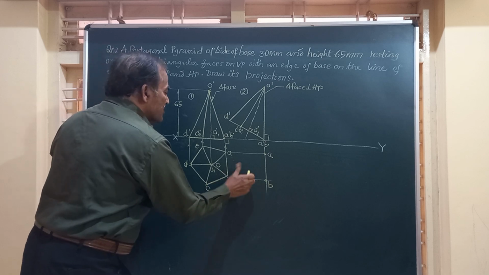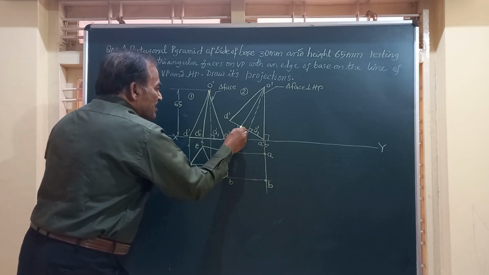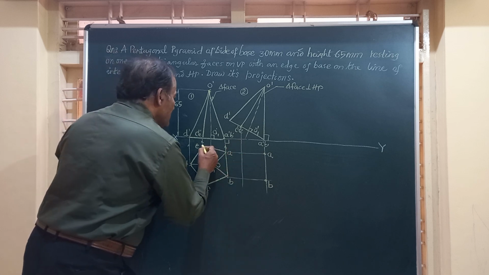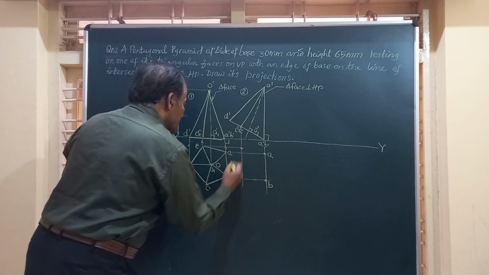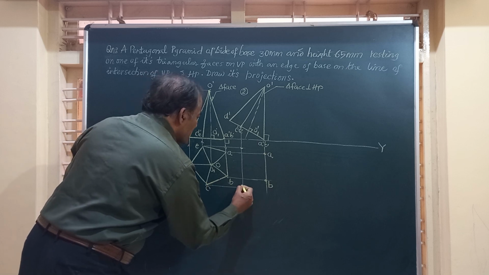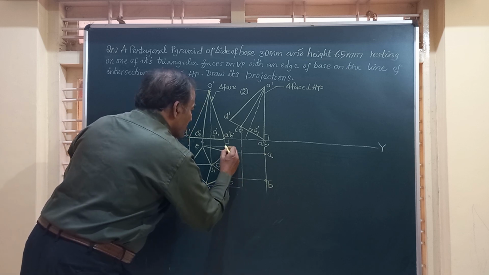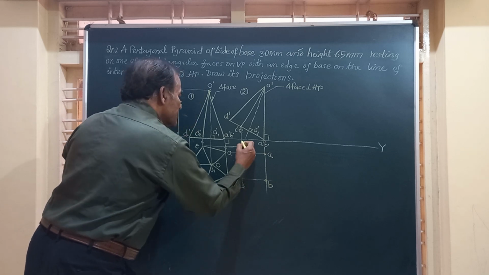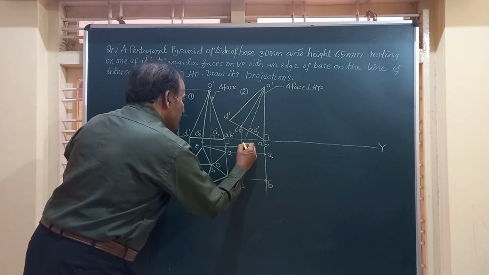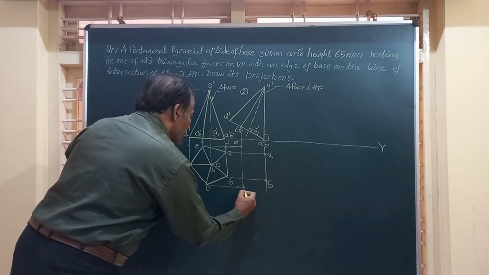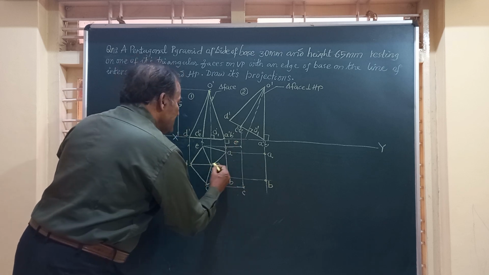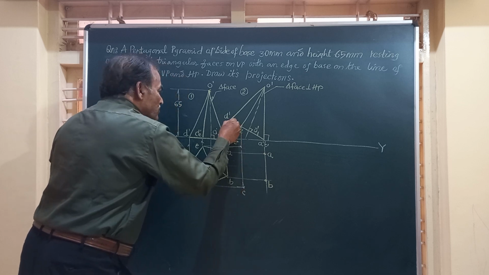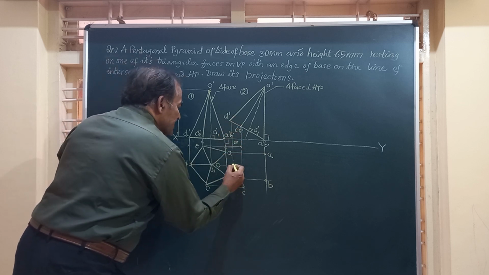Then friends, we have got the other points like C and E. Draw a vertical line from there to get C and E. E will come here on this line, C on this line. Friends, we have got C and E. So this is point E and this is point C. Finally, D is exactly in between A and B, and a vertical line from D touches here.